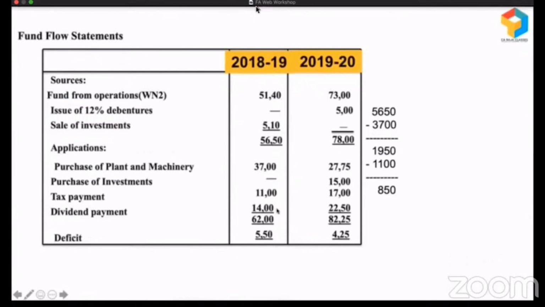It's not acceptable, right? But they did that. They faced a shortage of 550 and they managed that shortage by using short-term funds.